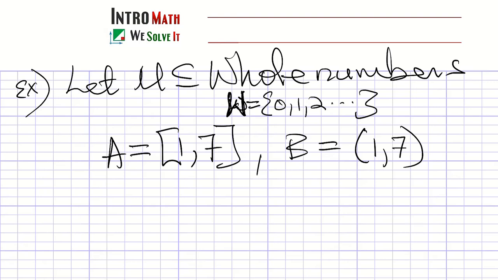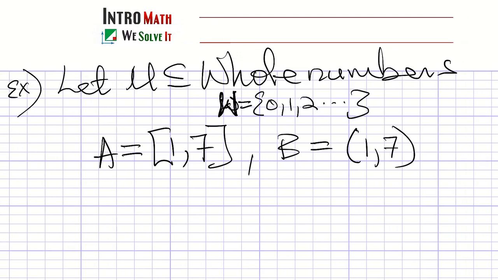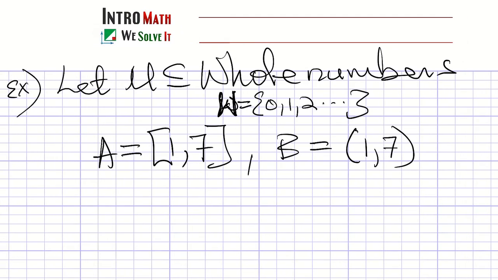Now, the best way to approach this is to try to find out what those two sets actually contain. Try to figure it out before you proceed. Set A contains all the elements including 1 and 7. Set B doesn't contain 1 and 7, but every other thing in there it contains, right?